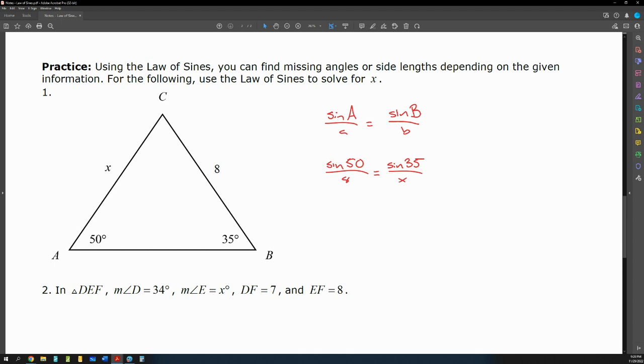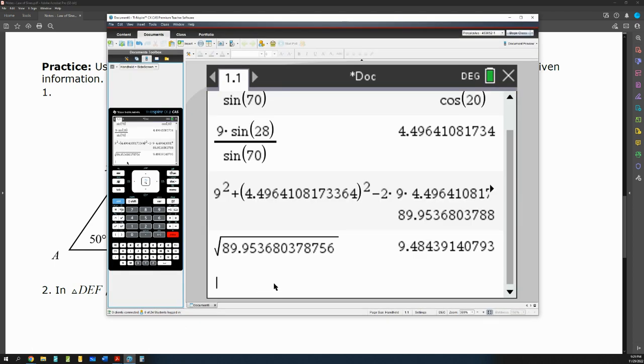Multiplying both sides by x and by 8, or in other words, cross-multiplying, we get x sine of 50 is equal to 8 sine of 35. And then solving for x, dividing both sides by sine of 50, we get x is equal to 8 sine of 35 all over sine of 50. Let's go ahead and plug that into our calculator.